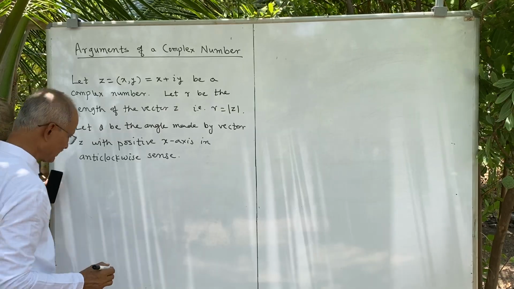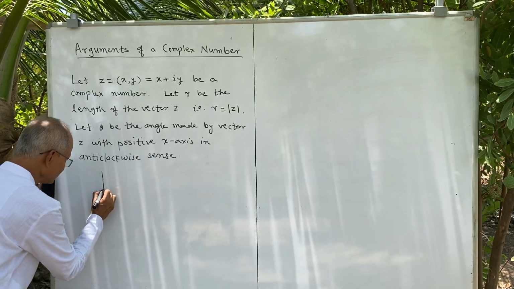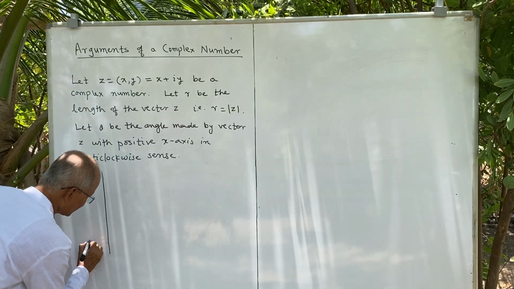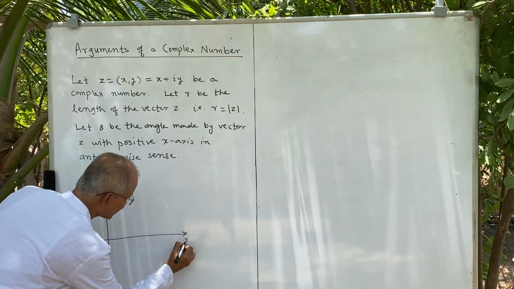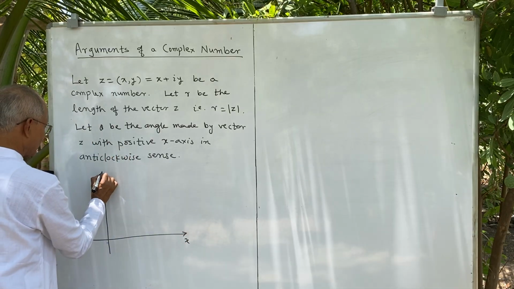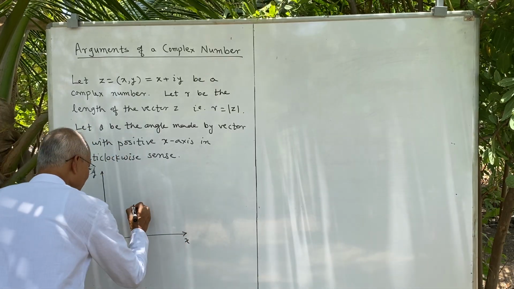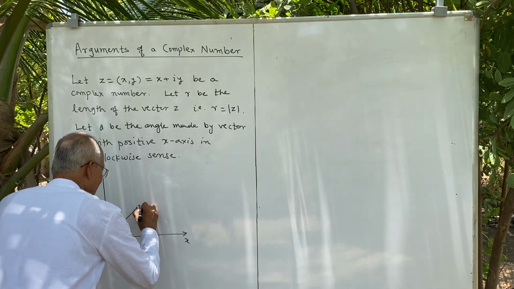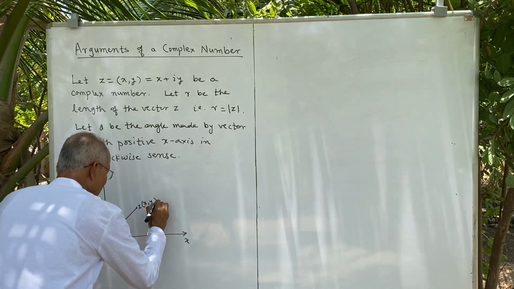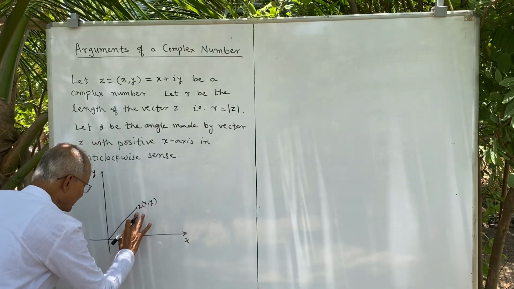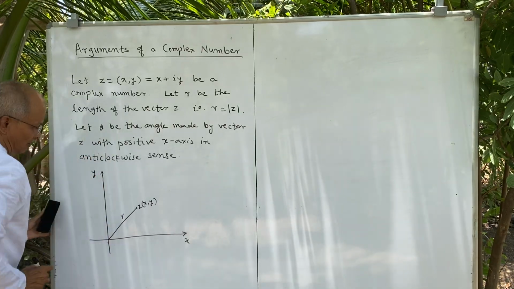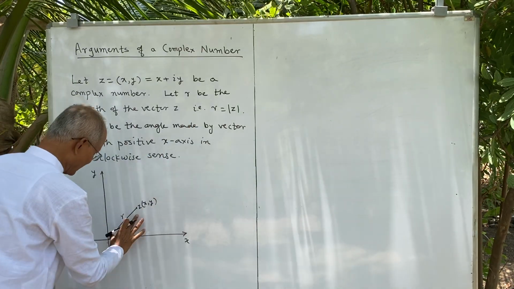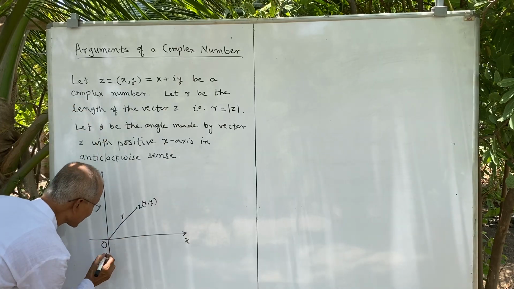And the figure for this will be: suppose this is the complex plane, x-axis and y-axis, and this point is z, the point (x, y), and this is the vector z, and the absolute value of z is r. That means this length Oz is r.